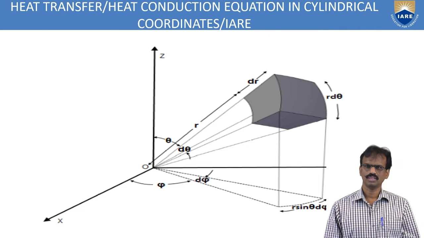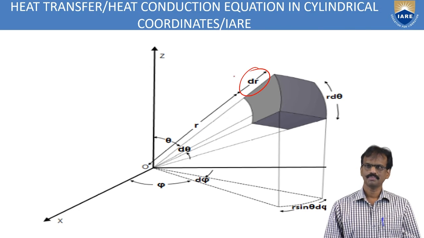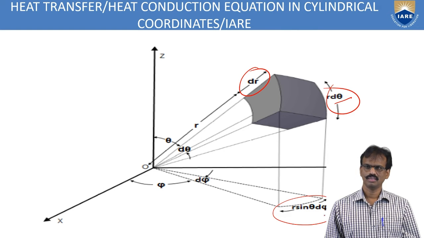Here we can see the diagram: the rate of heat transfer with respect to dr, the rate of heat transfer with respect to r d theta, and the rate of heat transfer with respect to r sin theta d phi.